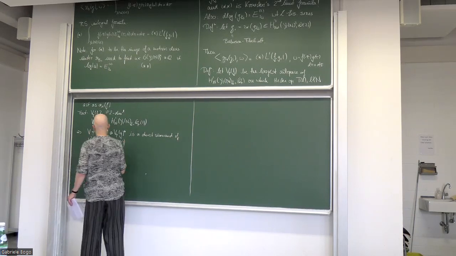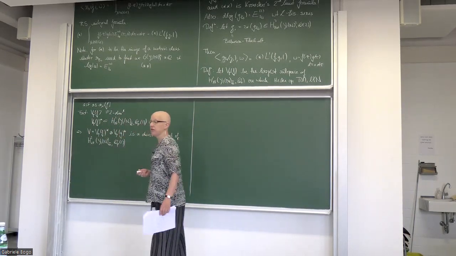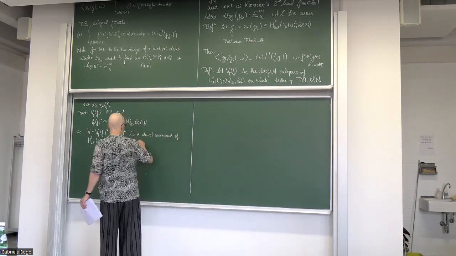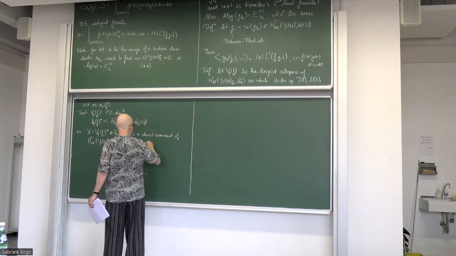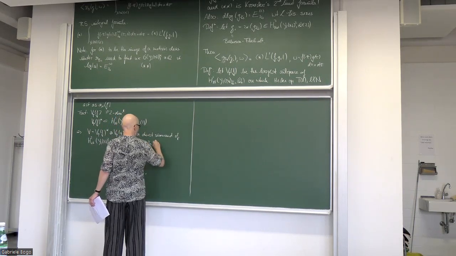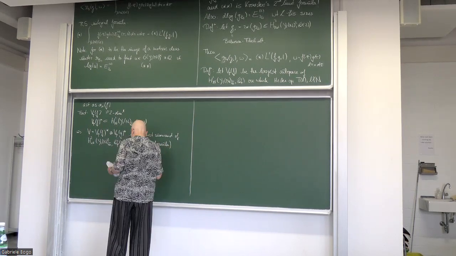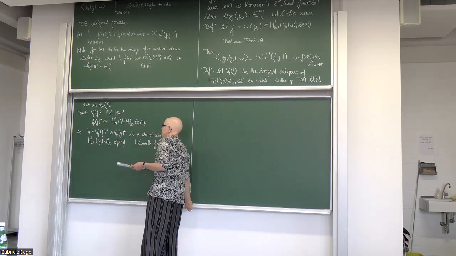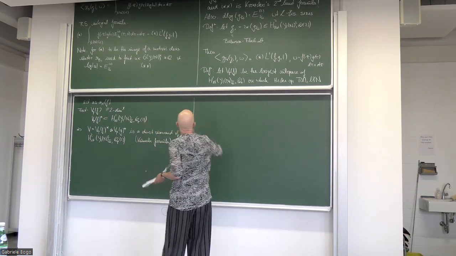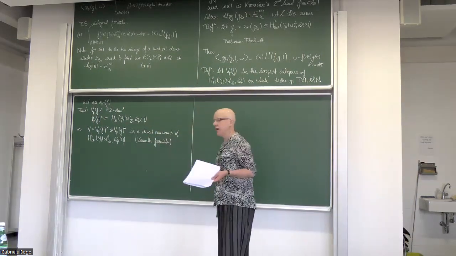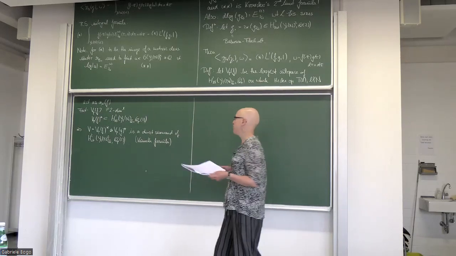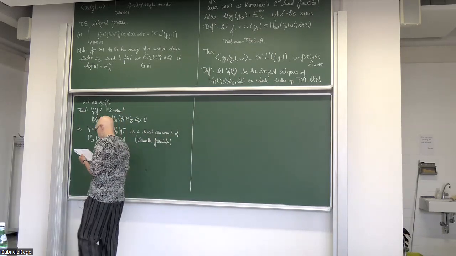This is just an easy application of the Künneth formula. So we can construct from our Beilinson-Flach element a class in the first Galois cohomology group of this representation V.